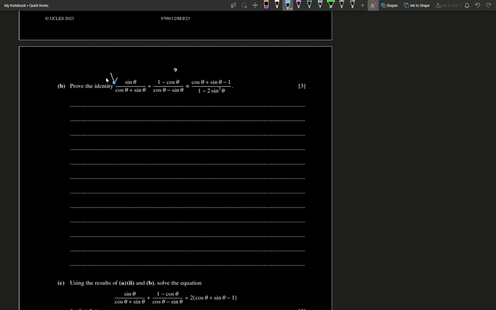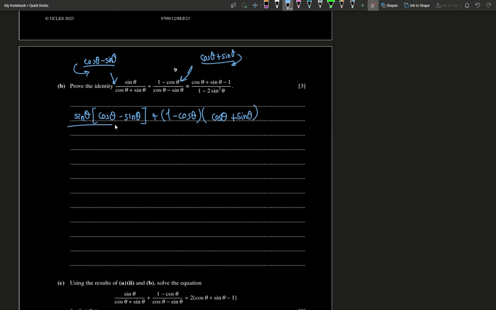The first fraction will multiply top and bottom by cosine of theta minus sine of theta, top and bottom. وتاني fraction will multiply top and bottom by cosine of theta plus sine of theta. حلو ماشي. فلما نيجي نعمل كده هنكتبها as sine of theta multiplied by cosine of theta minus sine of theta, بعدها plus 1 minus cosine of theta times cosine of theta plus sine of theta.